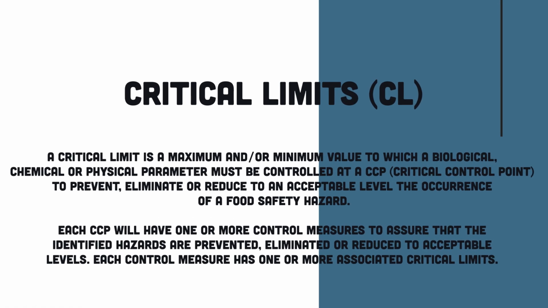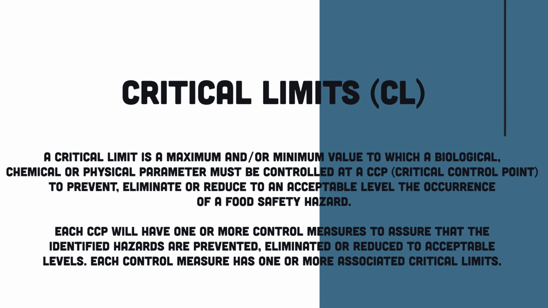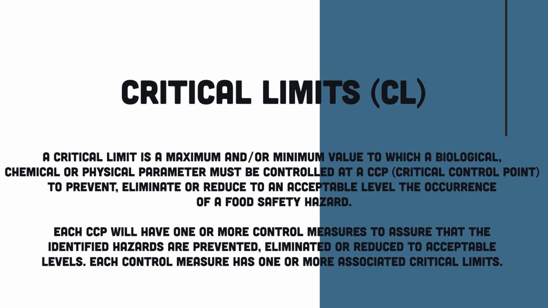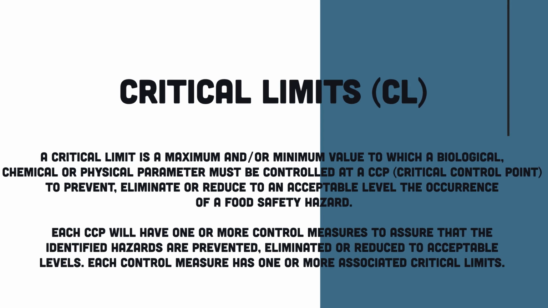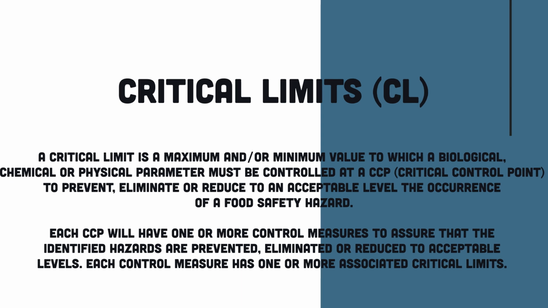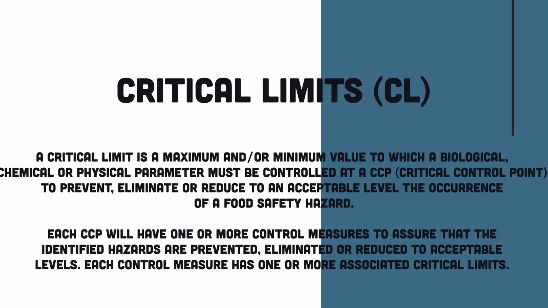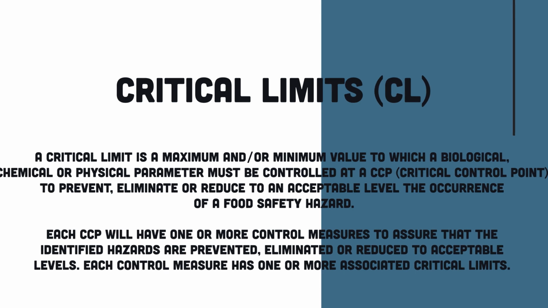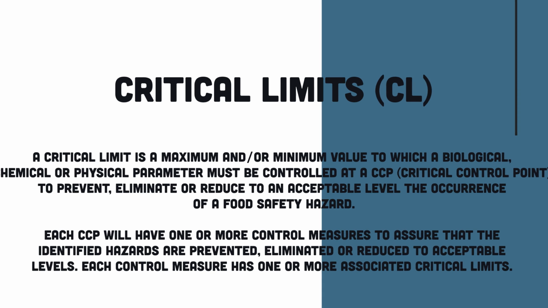A critical limit is a maximum and/or minimum value to which a biological, chemical, or physical parameter must be controlled at a CCP to prevent, eliminate, or reduce to an acceptable level the occurrence of a food safety hazard. Each CCP will have one or more control measures to assure that the identified hazards are prevented, eliminated, or reduced to acceptable levels.